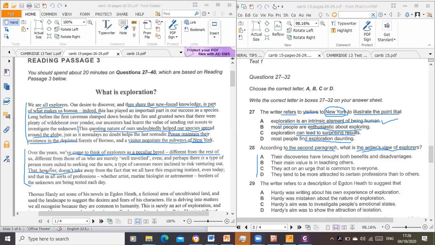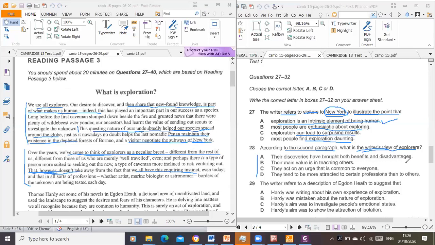That was introduced by this, however, a contrasting word, leading to a contrasting statement. So what does he think of explorers? We are all explorers, that's what he thinks. That, however, doesn't take away the fact that we all have this inquiry instinct, so they are not special. Now let's look at the options.